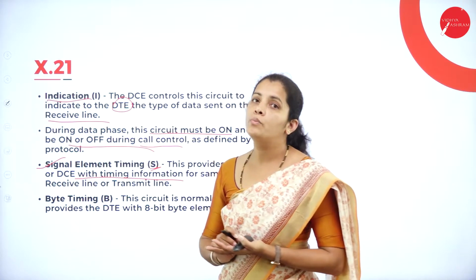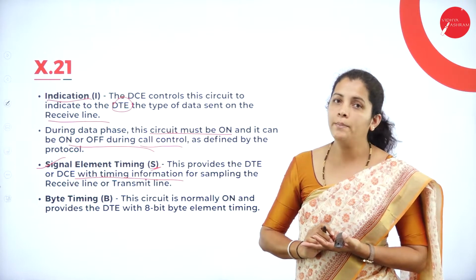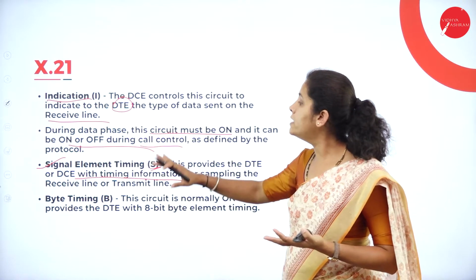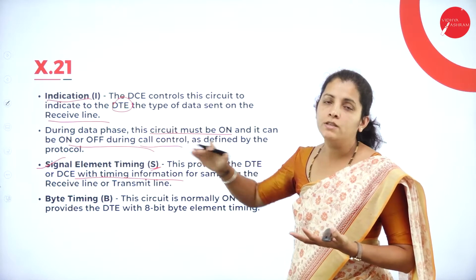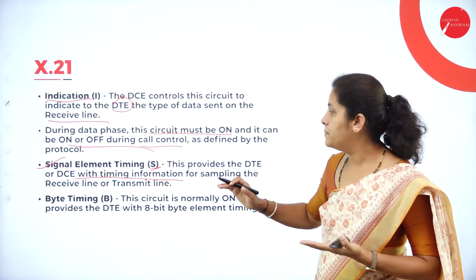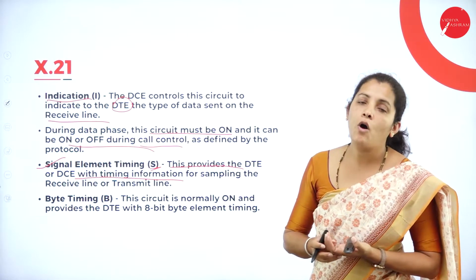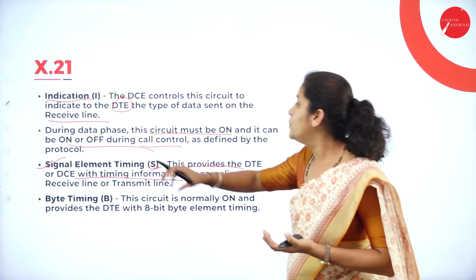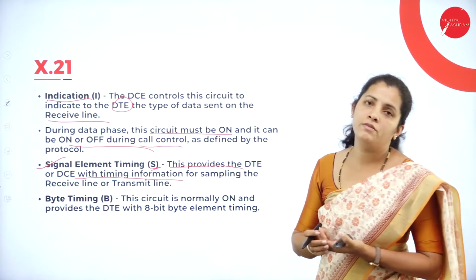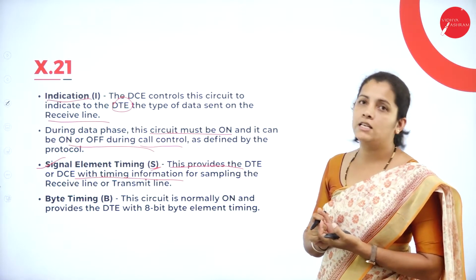In order to provide synchronization between the data bits. So to provide the synchronization, we require timing. Here this provides the DTE or DCE with timing information for sampling the receive line and transmit line.